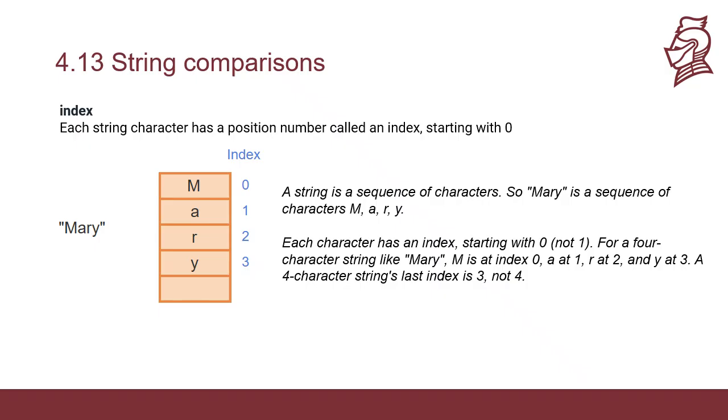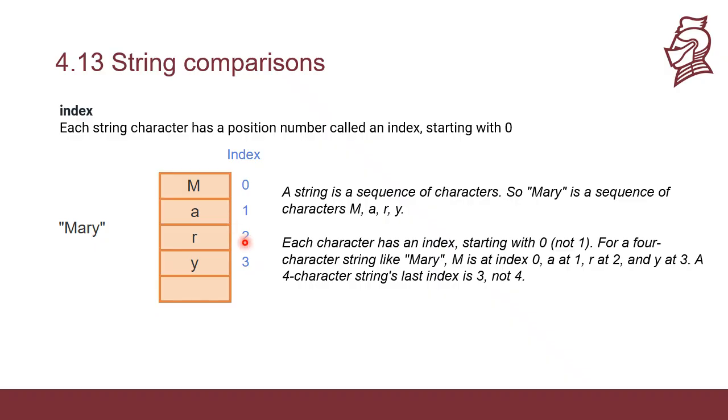Okay, we're learning about strings, so each character in a string has an index value. Take the string literal Mary, that I've stored somehow in memory. Here's Mary, M-A-R-Y. The M is stored at index value 0. The A is at index value 1.